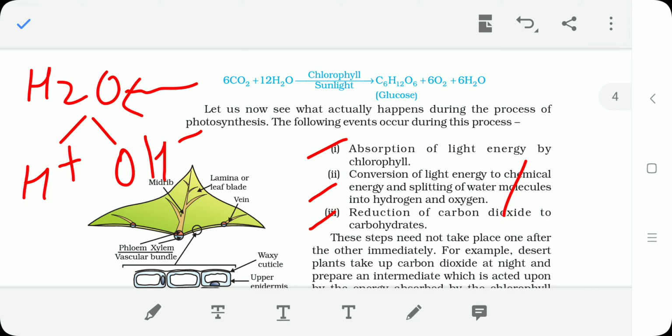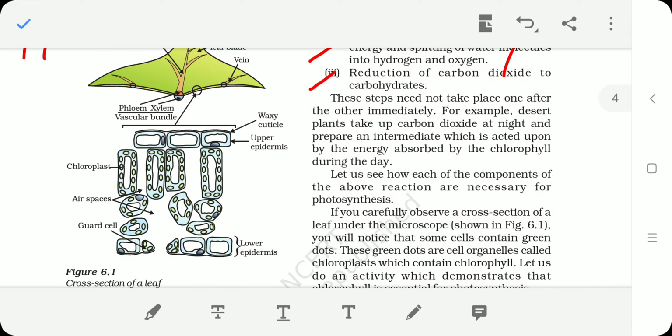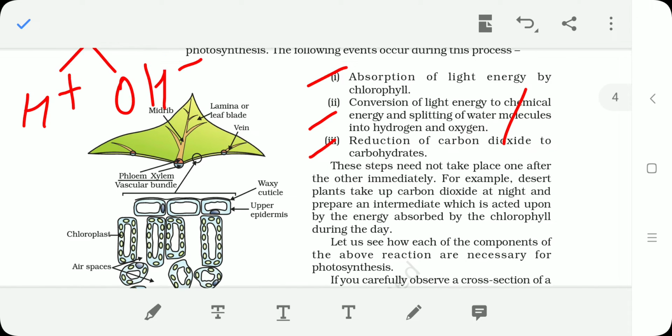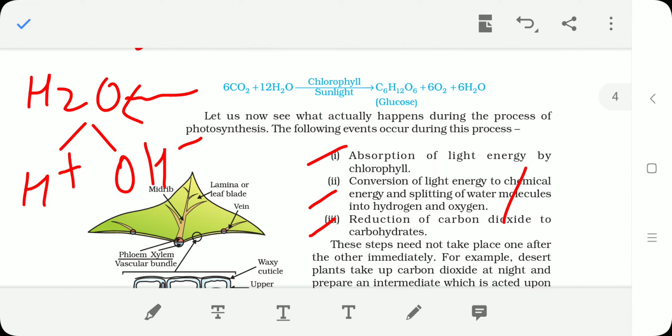Actually the process of photosynthesis is an oxidation reduction process, which you have learned in chemistry. Oxidation is loss of electrons, reduction is gain of electrons. So here CO2 is reduced.